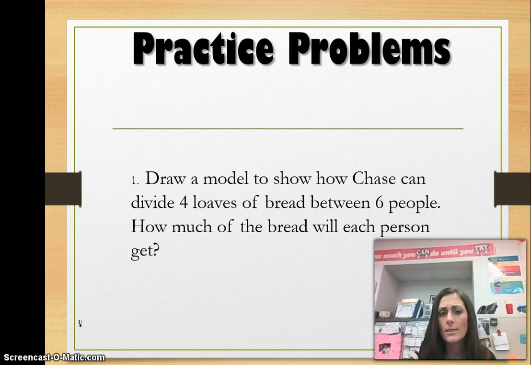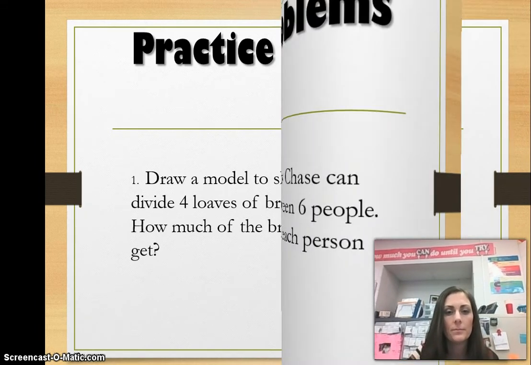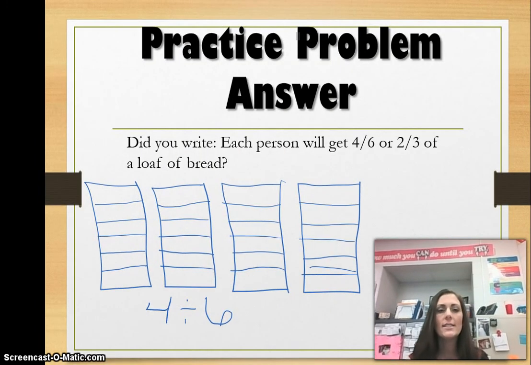So push pause, draw a model, and then write your division problem as a fraction. So as you can see, here's my 4 loaves of bread, 1, 2, 3, 4, and I've divided them into 6 equal parts, okay? So each person will get 4/6, or 2/3 of the loaf of bread.